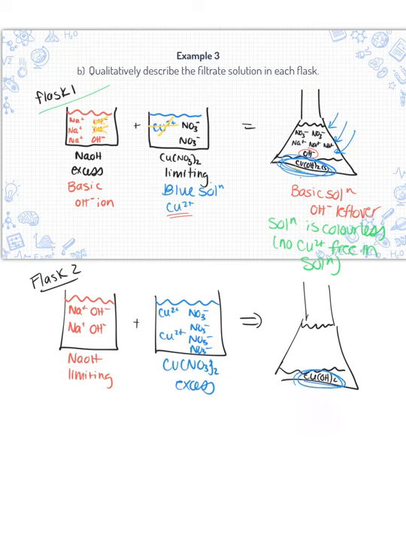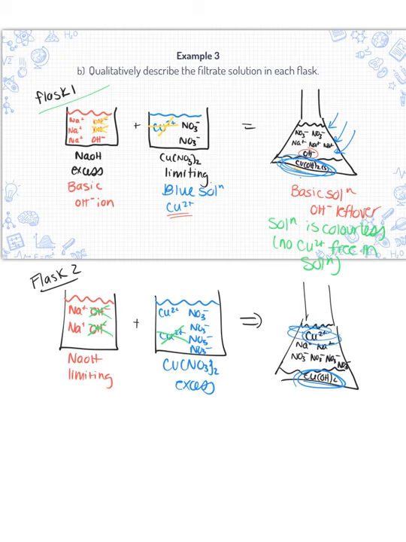So I'm going to cross out a copper for every 2 hydroxides. Now I'm out of hydroxide, so that's all the copper hydroxide I could make, and everything else is listed as ions in my solution here. So I have a copper 2 plus ion, I've got 2 Nas, and I've got some nitrate ions. Doesn't matter how many there are, it just matters if they're there or not.